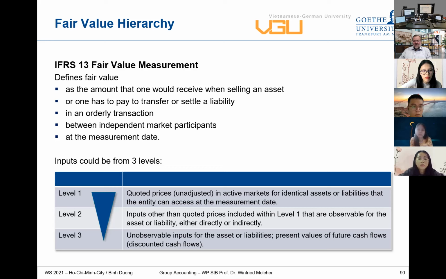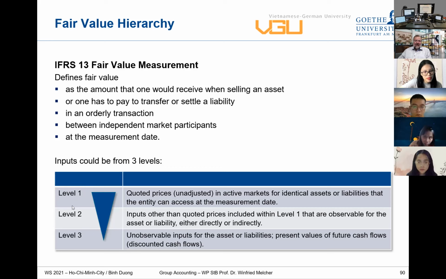But I think you will agree that level 3 is very vague. It is dependent on a lot of assumptions. So what is the discount rate you use? What is the increase of future revenues? And so on. So I think level 1 is the best you could have, because it will give you a precise fair value. Level 2 is okay because it has some observable quoted prices and then makes a relation to that one.